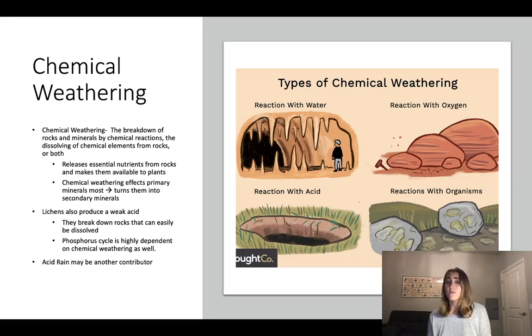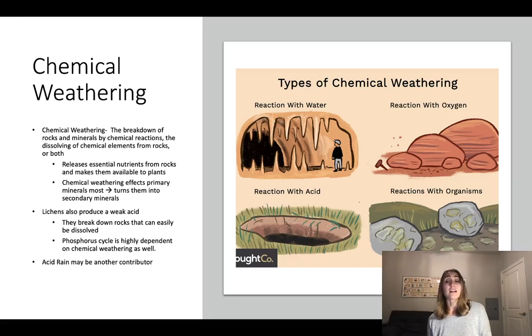Other things that you may be familiar with are things like acid rain. So sulfur dioxide is something that's commonly released as a result of burning things like fossil fuels such as coal. When sulfur dioxide gets released in the air, it undergoes a chemical transformation and becomes sulfuric acid as it interacts with gaseous water vapor.